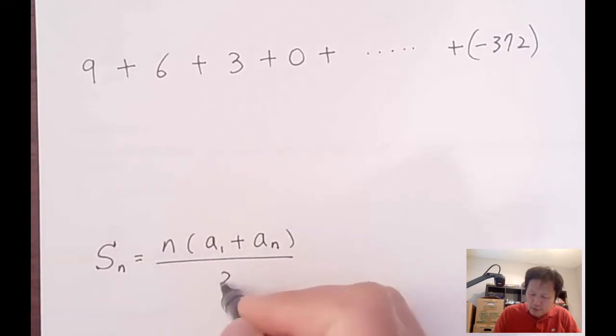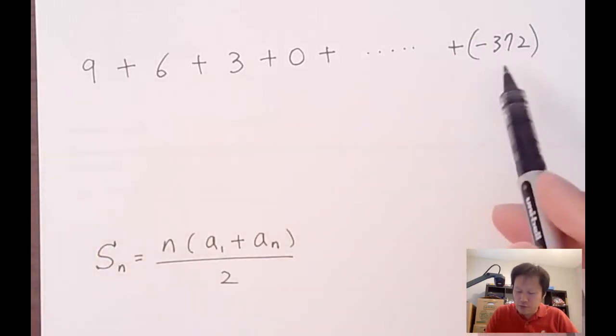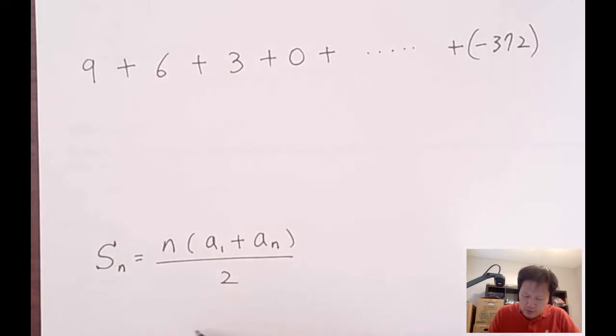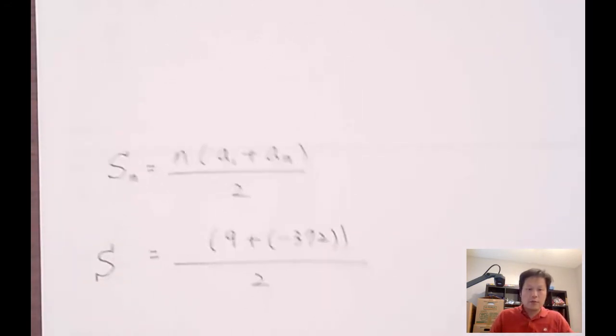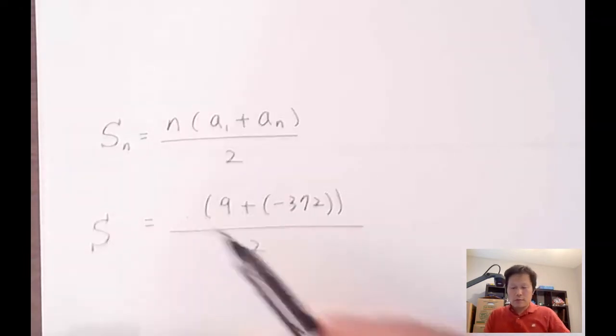Again, we do know the first term, we do know the last term, so it will be what? First term is 9 plus minus 372, all divided by 2. We don't know the n value yet. So from here, you will have to calculate the n value.